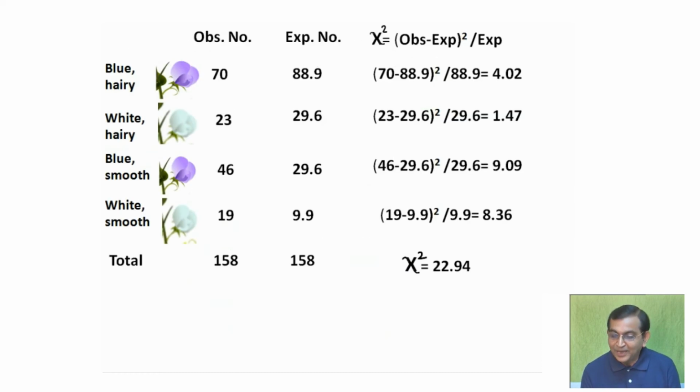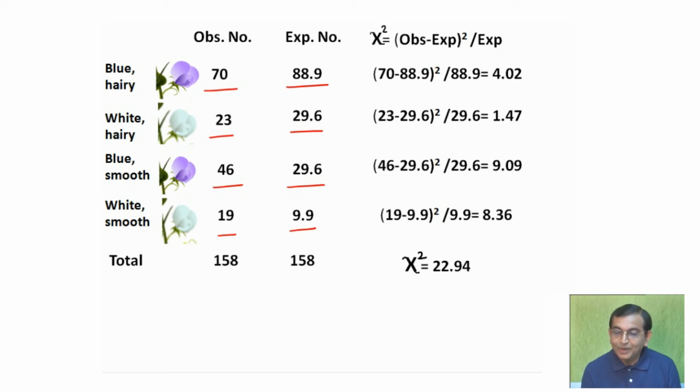Next, we have another data set. In that data set, we have also compared the observed number with the expected number. Here also there were 4 phenotypic classes, and it was calculated with the help of Chi-Square test.